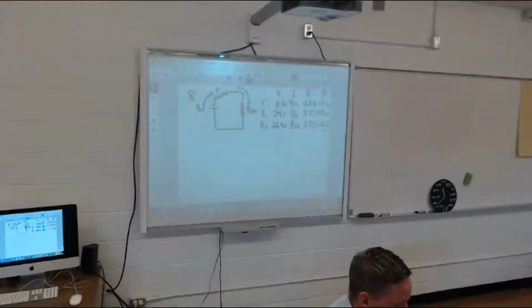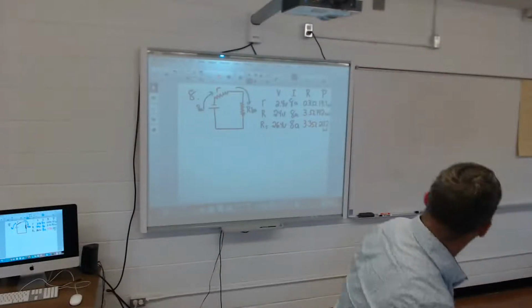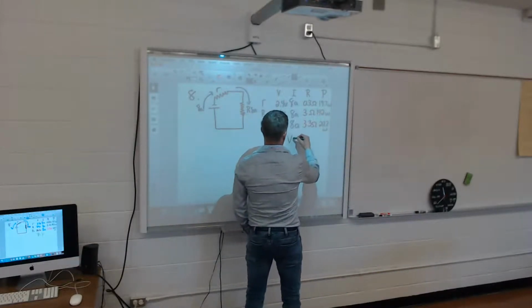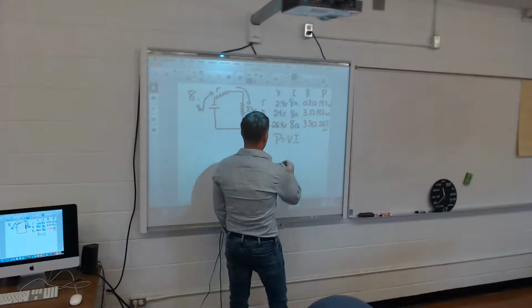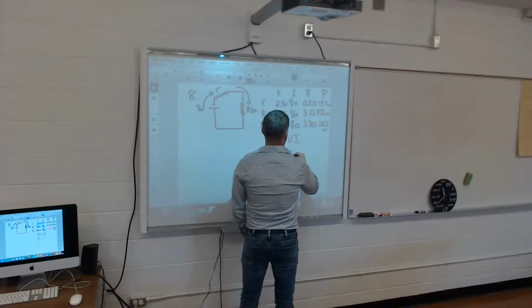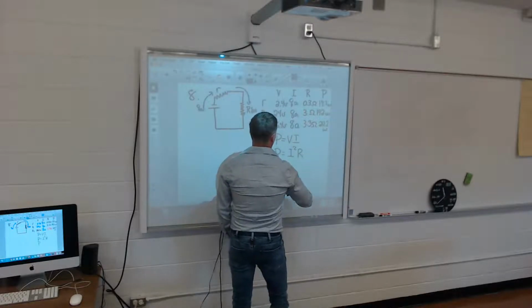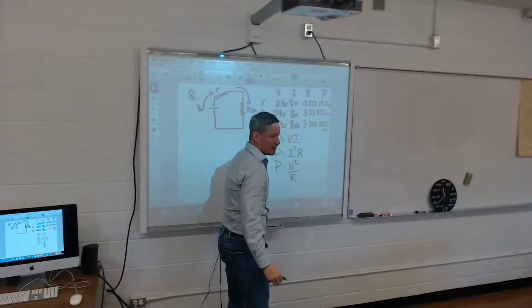Same thing where you just had power. Yeah, that's right. And the power: you have 3 different equations for power. We can use VI, we can use I squared R, or we can use V squared over R, depending on what you're given.